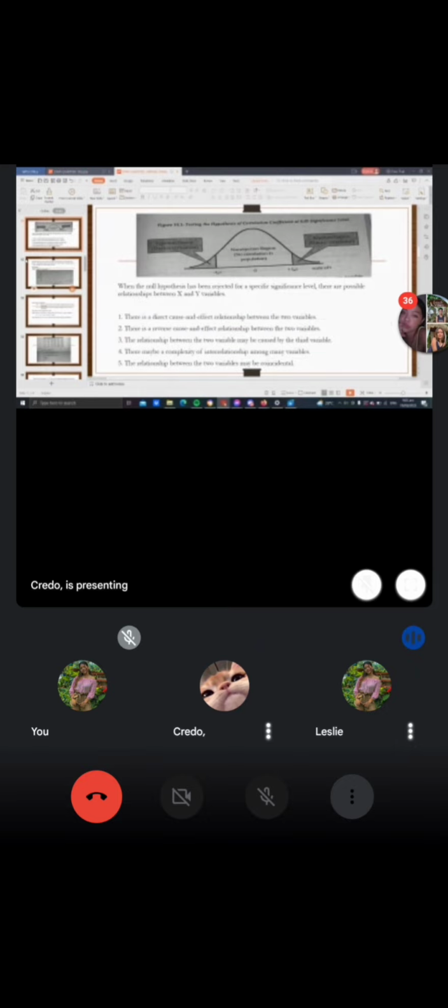Number 2, a reverse cause and effect relationship between the two variables. Number 3, the relationship between the two variables may be caused by a third variable. Number 4, there may be a complexity of interrelationships among many variables, and the relationship between the two variables may be coincidental.